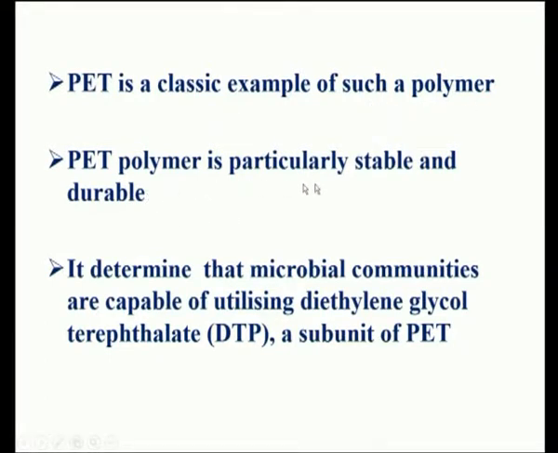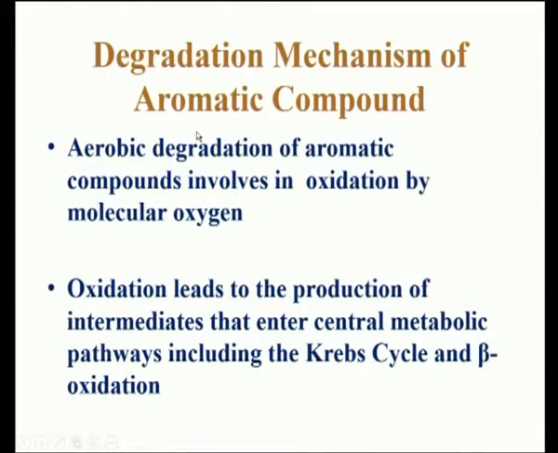PET, polyethylene terephthalate, is a particularly stable and durable polymer. It was determined that microbial communities are capable of utilizing diethylene glycol terephthalate as a subunit of PET. So, degradation mechanism of aromatic compounds: again, aromatic compounds can be degraded using microorganisms.